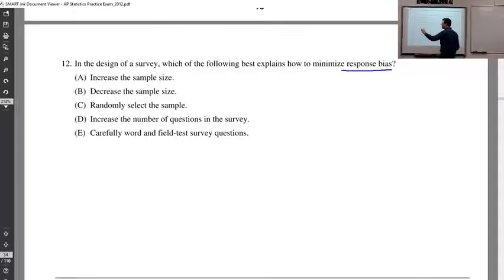So we want to tweak and make sure that we are minimizing any effect on how people are going to answer the question, and so that is choice E. Other examples of response bias, other than question wording, include the topic that they might be embarrassed to admit something about, the platform that we are asking the question over, whether the responses are kept anonymous, and the person who is asking the question, whether that might influence how they respond. Anything that influences how they're going to respond is response bias.